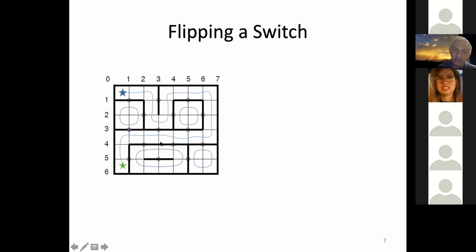So what we are told here is that this is actually a graph where every vertex has two neighbors except for the blue star and the green star. So the blue star has only one neighbor. It doesn't have two because it doesn't have anything on this side, right? The green star has the same problem.